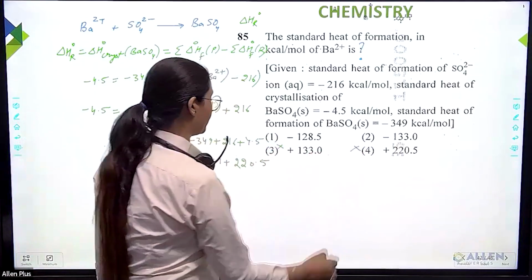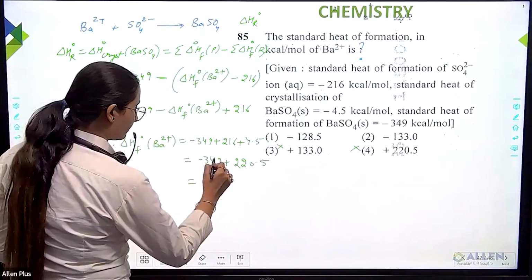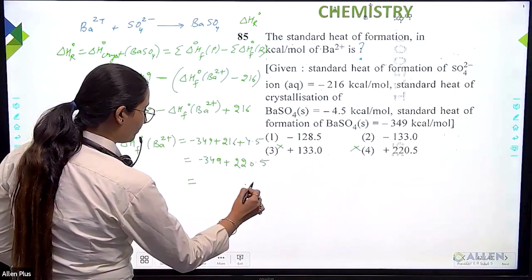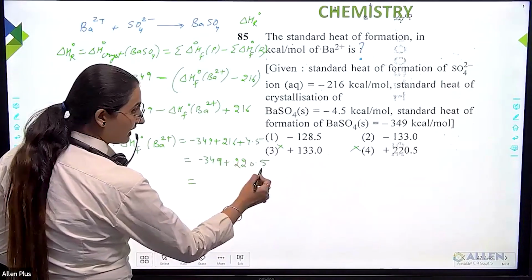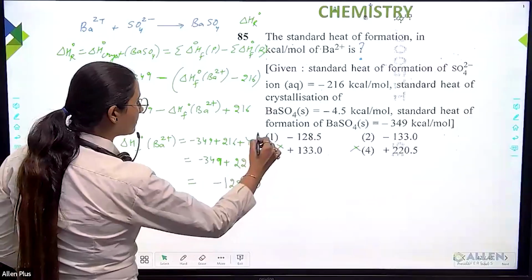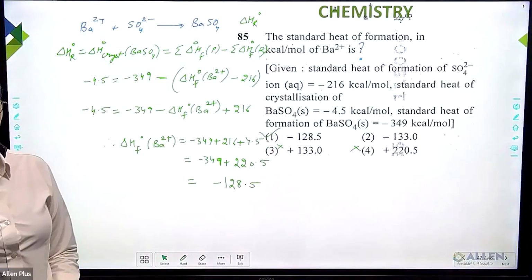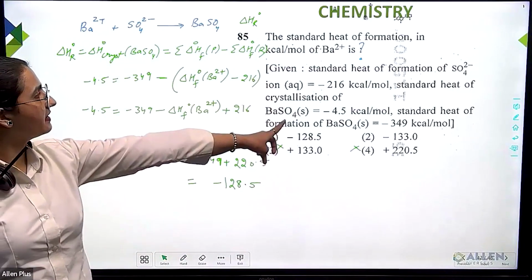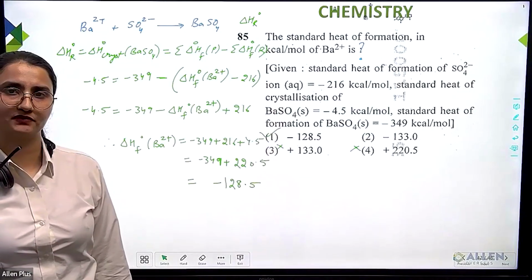So it's minus 128.5. Obviously, units are the same, so it will be in kilocalorie per mole, right?